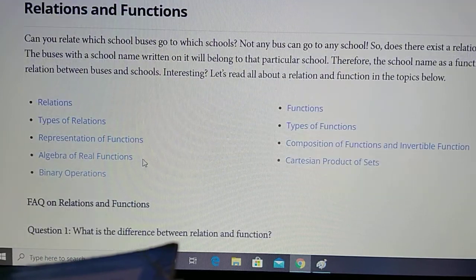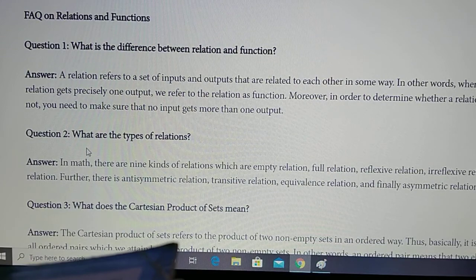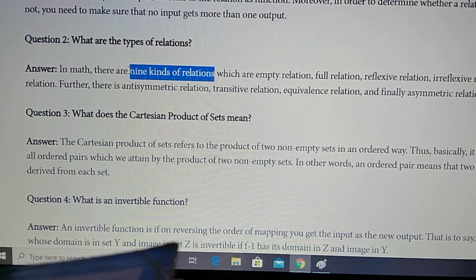We will quickly revise a couple of things here. What is the difference between relation and functions? This part we will discuss later. What are the types of relations? In maths there are 9 kinds of relations. How many kinds are there? There are a total of 9 kinds.